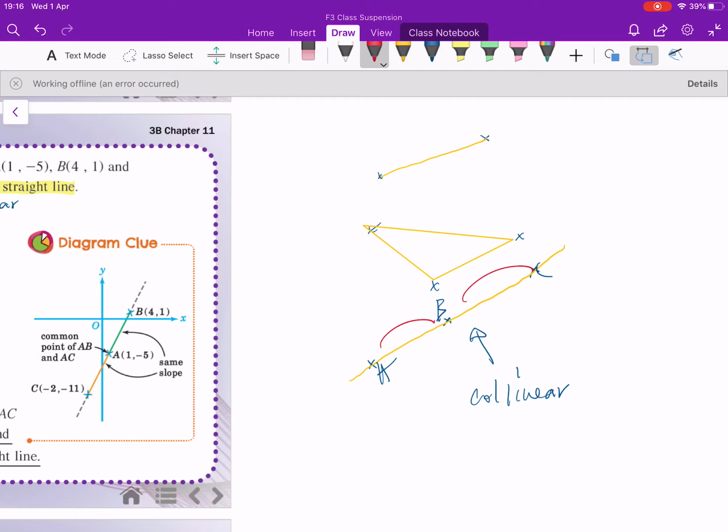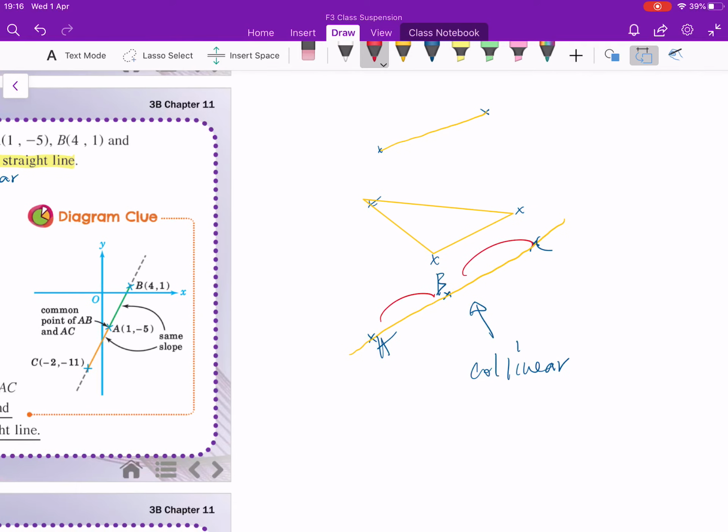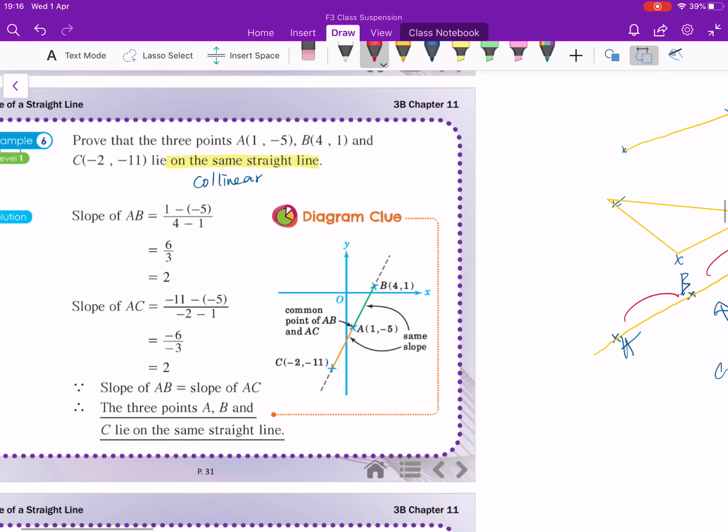As A, B, C lie on the same straight line, they should have the same direction and same steepness, right? So the slope of AB and the slope of BC are the same. So by calculating these 2 slopes, you can see that, okay, as both slopes are the same, they lie on the same straight line, or say that they are collinear.